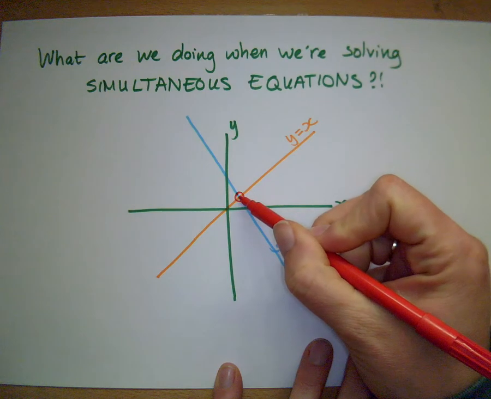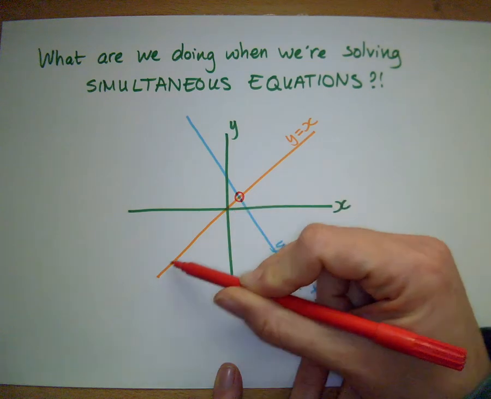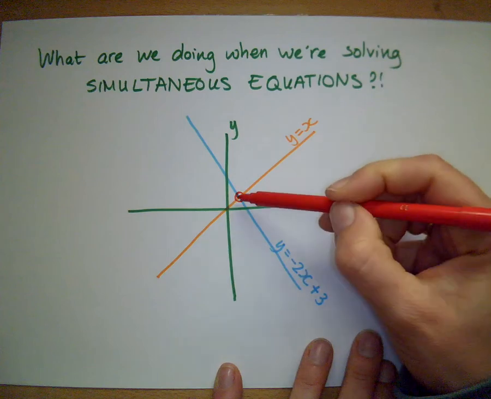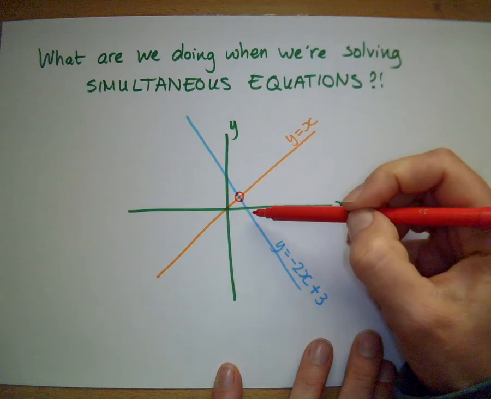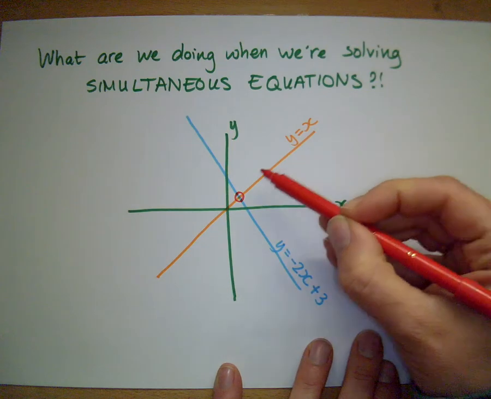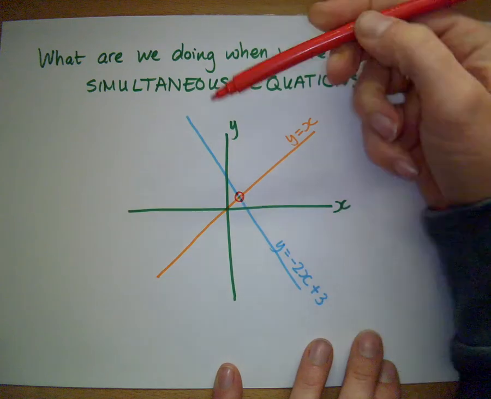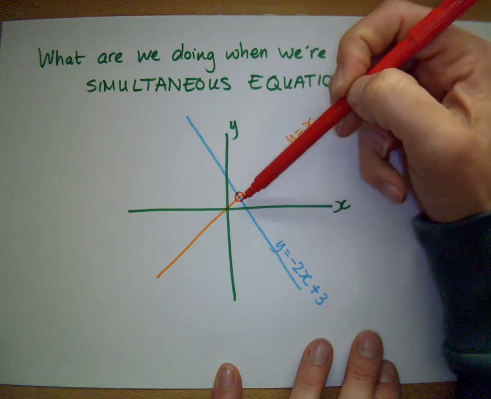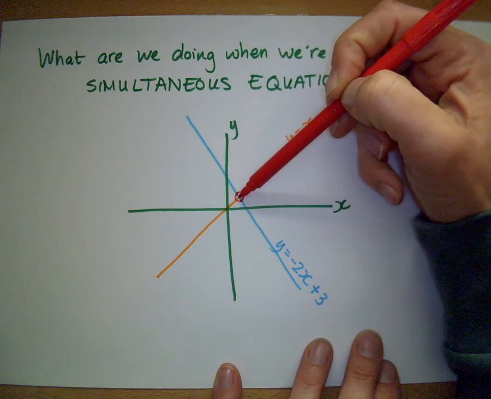This is the only point where the y and x values of these two lines are equal to each other. Like the orange line's x and y value are equal to the blue line's x and y values. So this is the point where the lines meet.